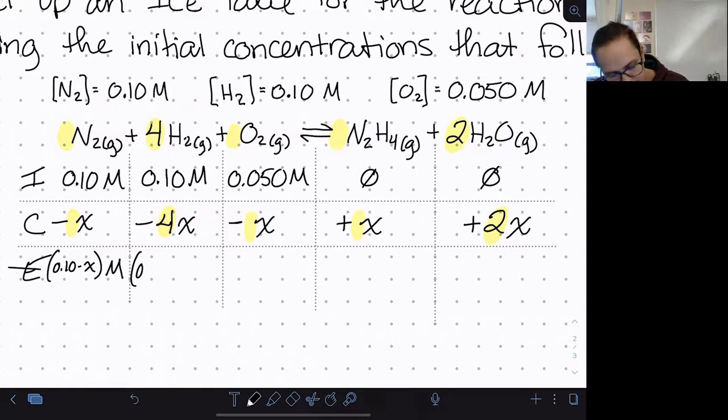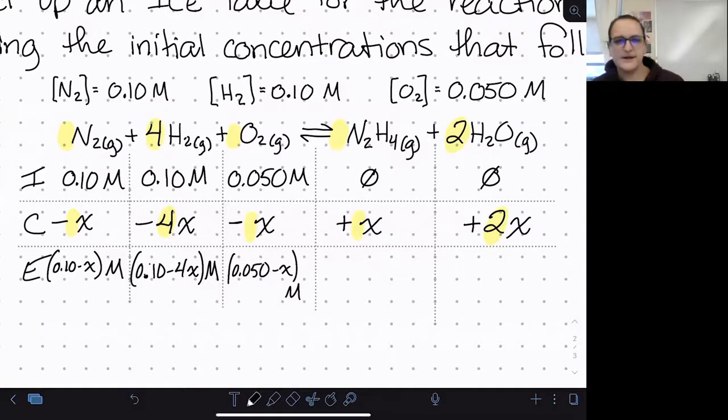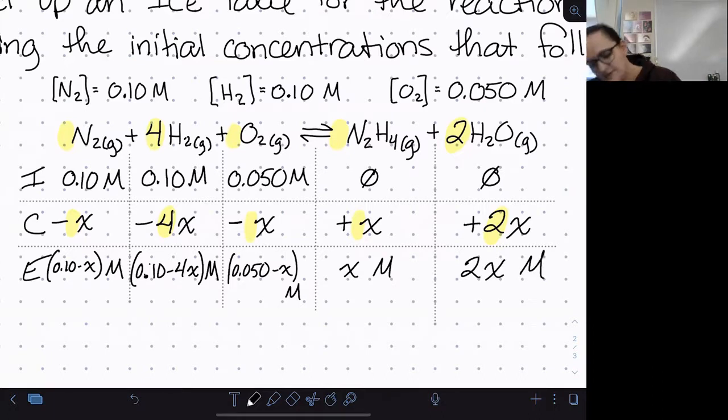For hydrogen, we started with 0.1 and we consumed 4X, so we will have 0.1 minus 4X remaining. For oxygen, we started with 0.05 and we used up X, so we'll have 0.05 minus X. On the product side, we started with 0 N2H4 and produced X, so at equilibrium we'll have X. Water, we started with 0, produced 2X, so we will have 2X molar at equilibrium.